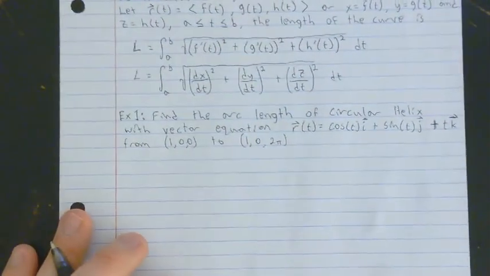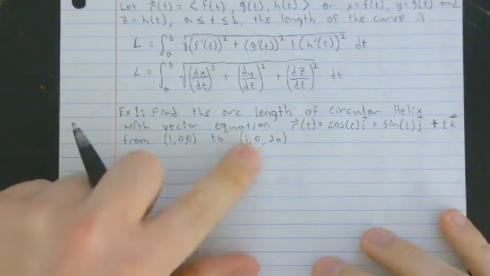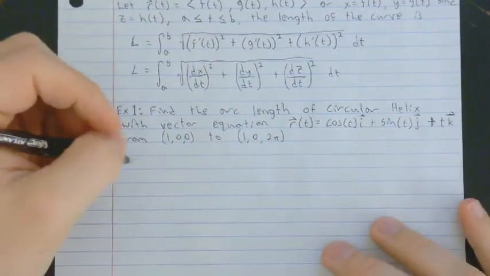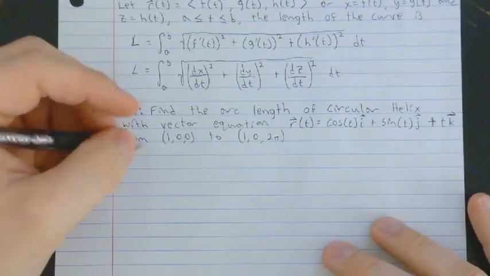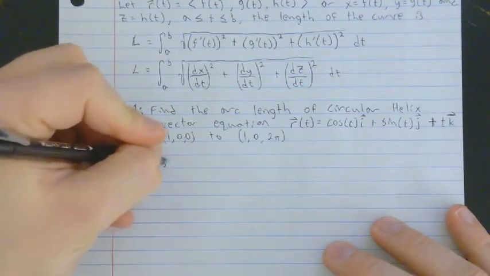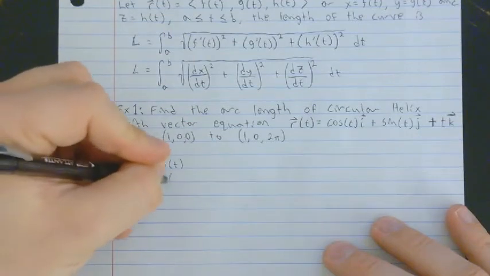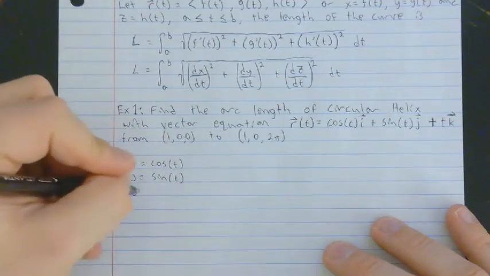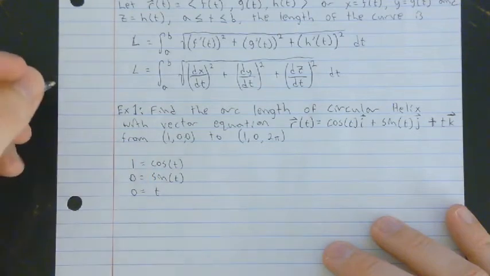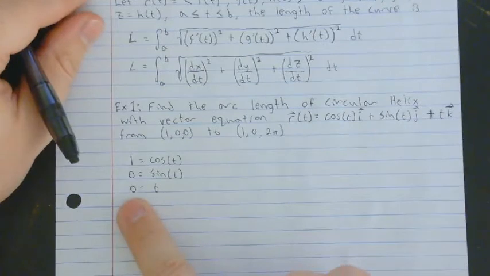Okay, so the first thing we have to do is they don't actually give us bounds for t. They give us points, but they don't give us bounds for t. So we need to find a value of t that satisfies 1 equals cosine of t, 0 equals sine of t, and 0 equals t. So thankfully, we know that t is equal to 0.